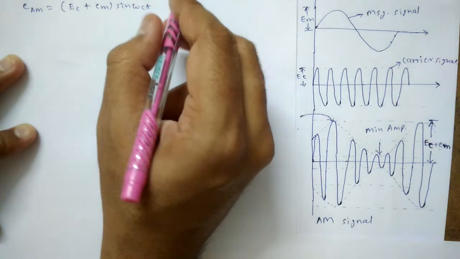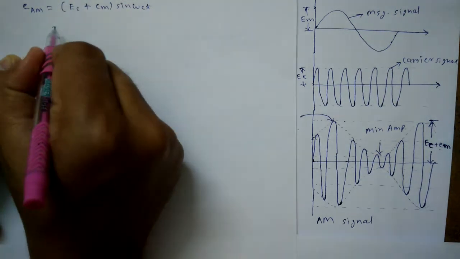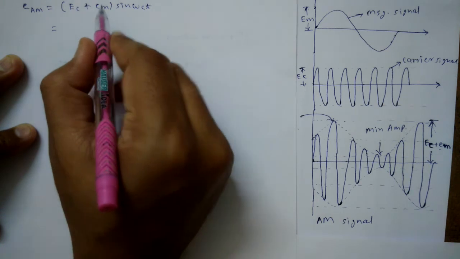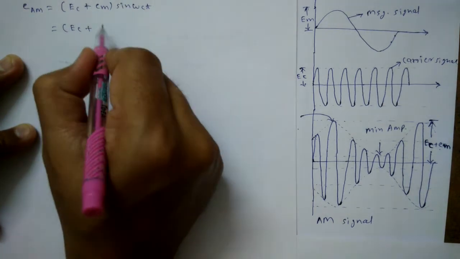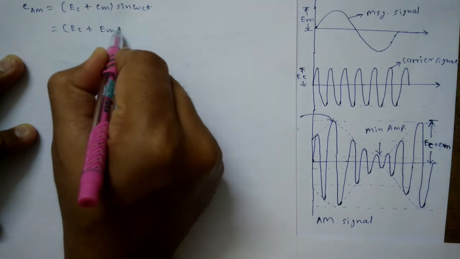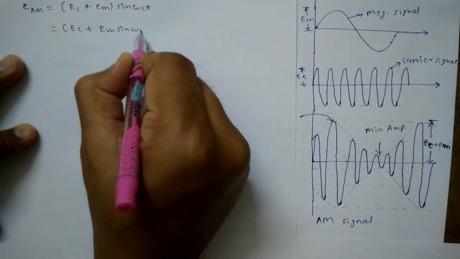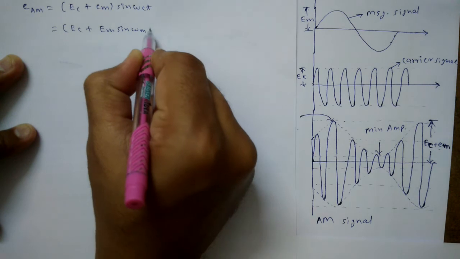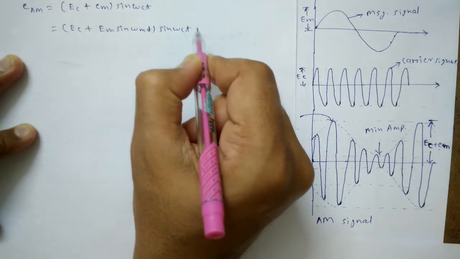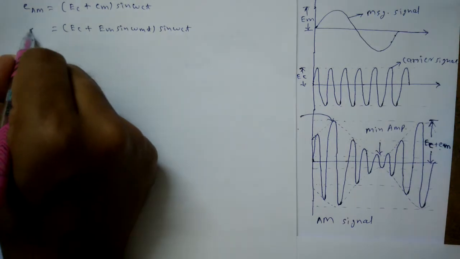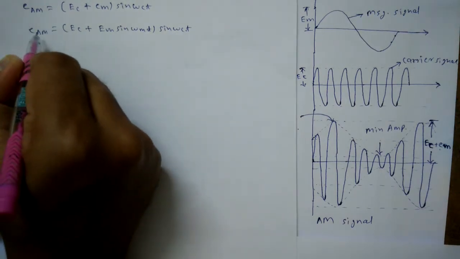And further, we placed the value of em there, so we got (EC plus EM sine omega m t) sine omega c t. This step I have repeated just in case you recall all the things.